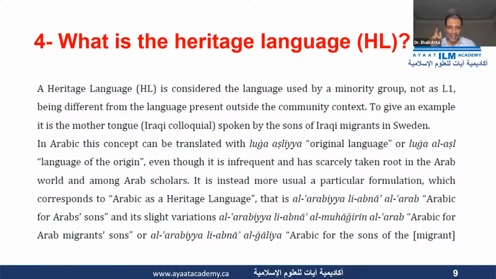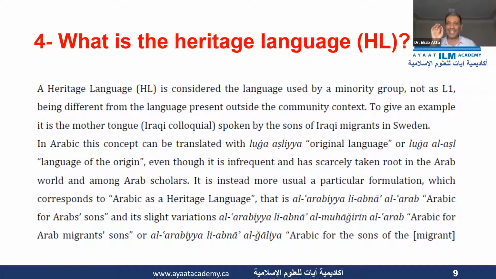And its slight variations. العربية لأبناء المهاجرين العرب. Arabic for Arab migrants' sons. Or العربية لأبناء الجالية. Arabic for the sons of the migrant. See, this will focus on what we can see of the Arab migrants in the West.